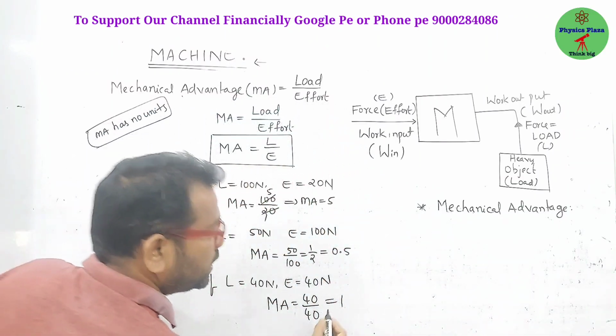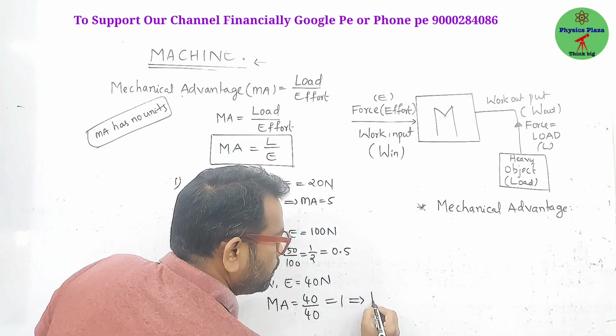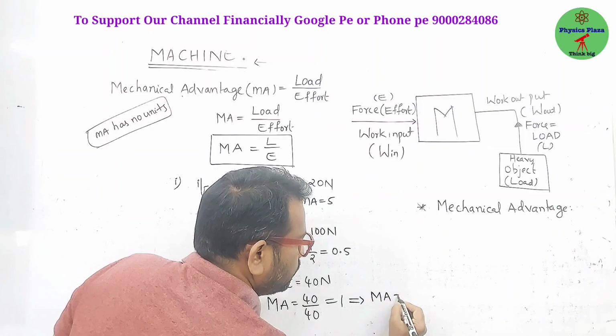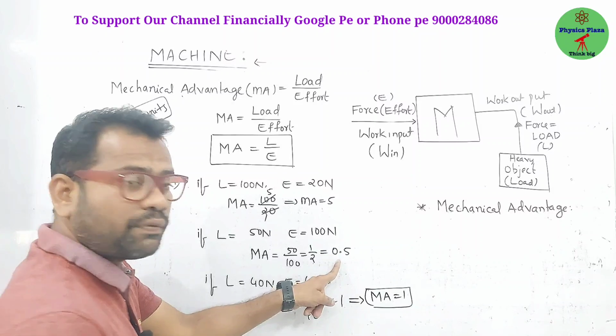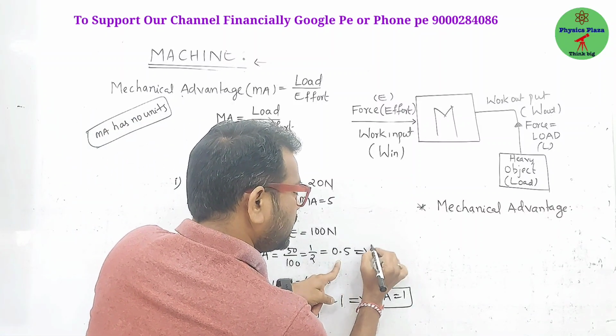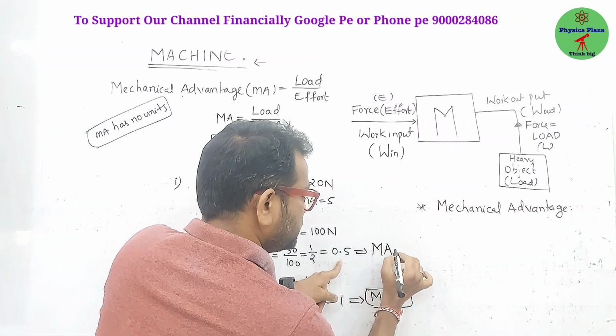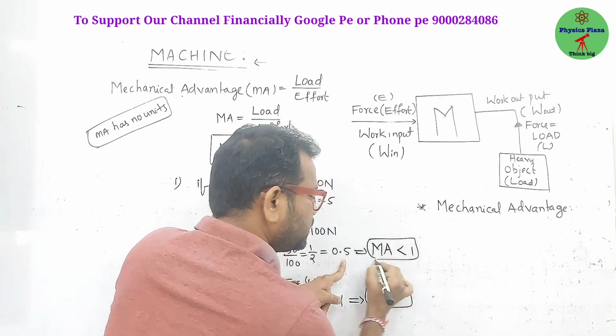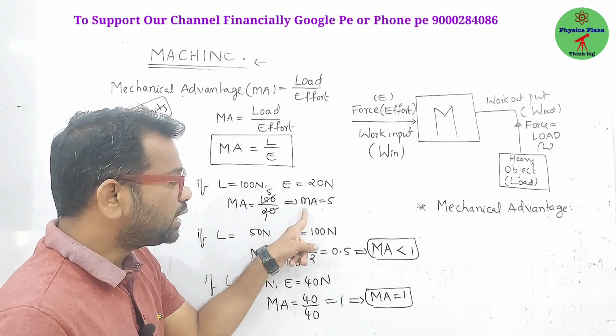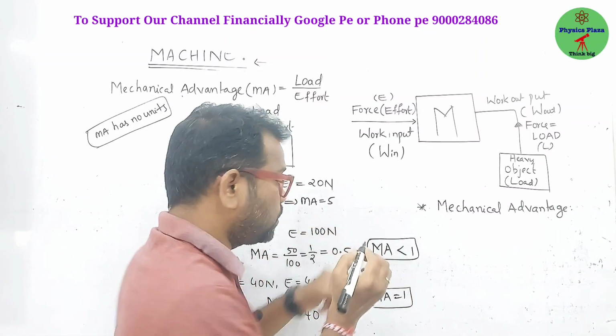So here in this case, mechanical advantage is equal to 1. Here it is 0.5. Children, can I say mechanical advantage 0.5? 0.5 is less than 1, right? Yes, it can be less than 1. Here the mechanical advantage is 5, which means greater than 1.